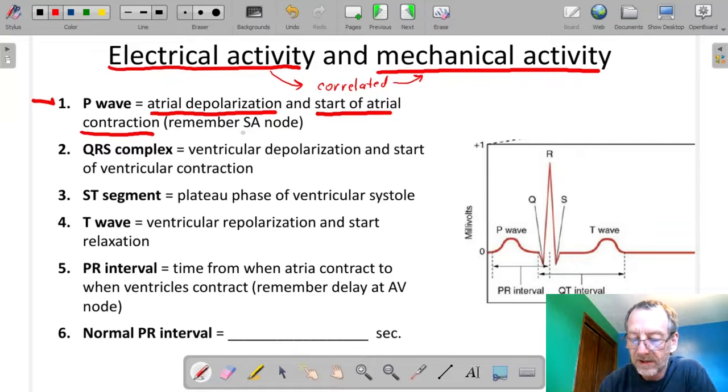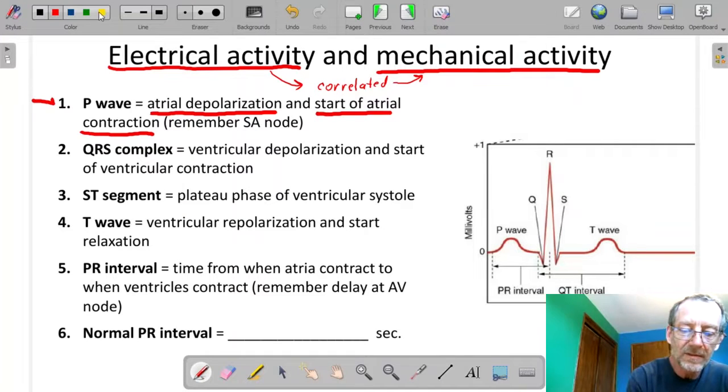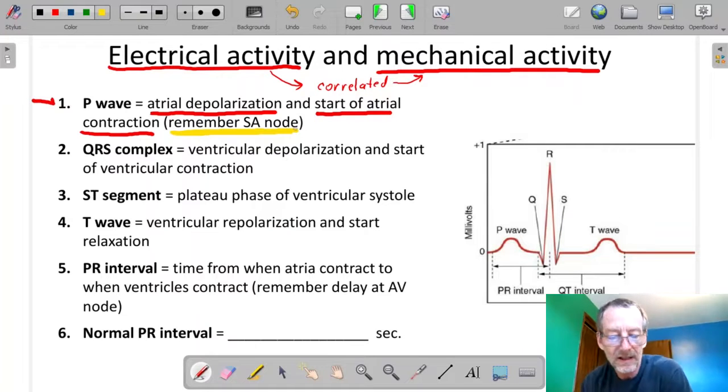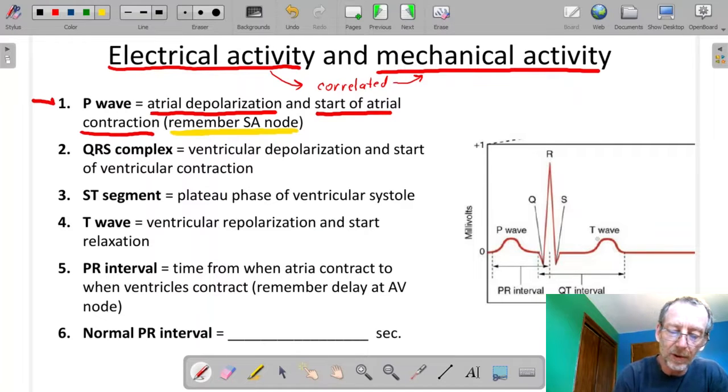And to start the P wave, remember the SA node. That's what starts the cardiac cycle. So the SA node fired, that caused the atria to depolarize and contract. And that's what happens during the P wave. The QRS complex is correlated to ventricular depolarization.